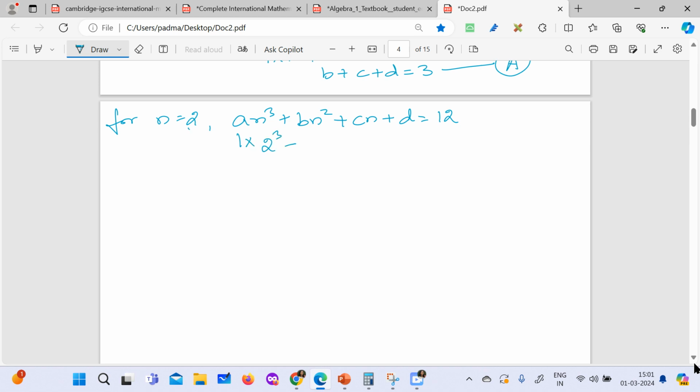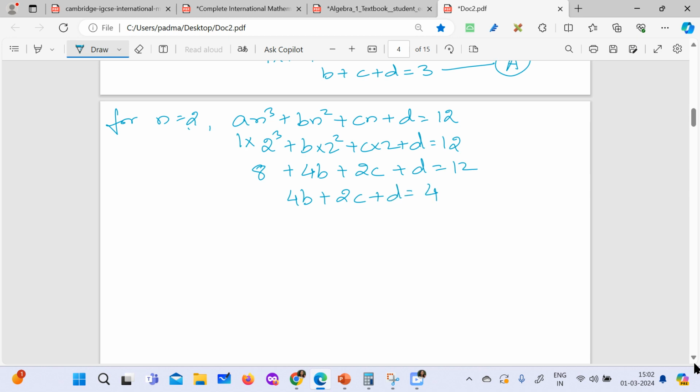So it is 2 cubed plus b 2 squared plus c times 2 plus d is equal to 12. And then I have 8 plus 4b plus 2c plus d equal to 12, and it will give me 4b plus 2c plus d is equal to 12 minus 8, that is 4. Let me mark this as B. Up to here it's clear to you.